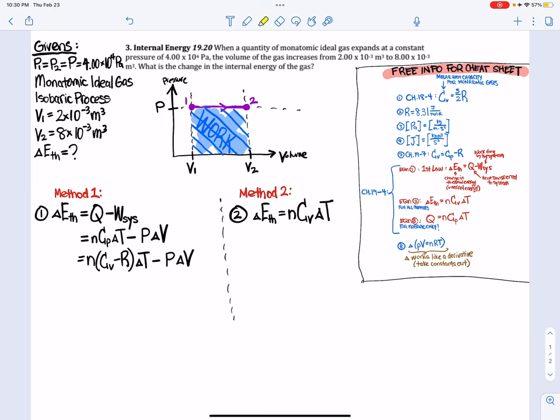Unfortunately, I also wasn't given Cv, at least a value for Cv. But in chapter 18, section 4, we know that the molar heat capacity, this guy Cv, for monatomic gases, which is what we're dealing with, the monatomic ideal gas, is equal to 3 over 2R. Okay, so I'm going to substitute Cv with 3 over 2R. So equals N times 3 over 2R, that is just Cv, okay?